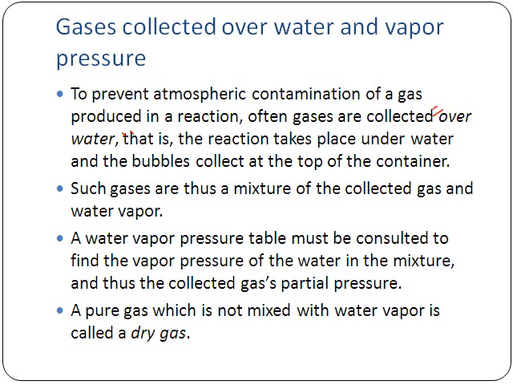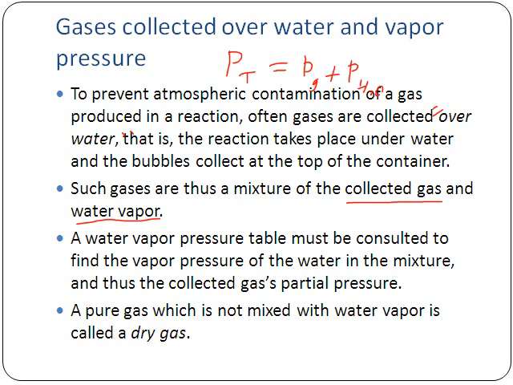So such gases are a mixture of the collected gas, the one we actually created in our reaction, and water vapor. So if we have the total pressure of the gas in the top of our container, it's going to be a combination of the partial pressure of the gas plus the partial pressure of water vapor, H2O.